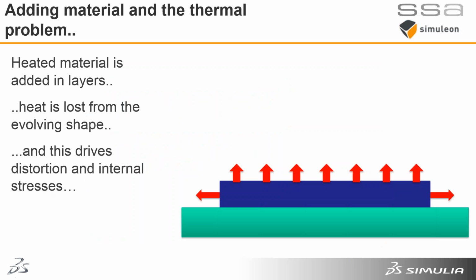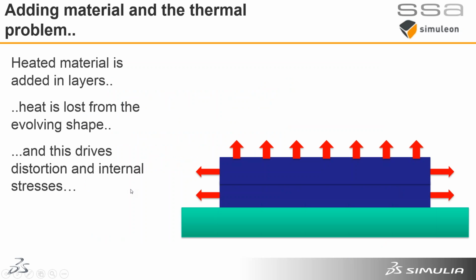Another function of the additive manufacturing process that is critical and not possible with a standard copy of Abaqus is to model the fact that as we add material, the boundary of the model changes, and the thermal losses and the thermal problem change with the build.